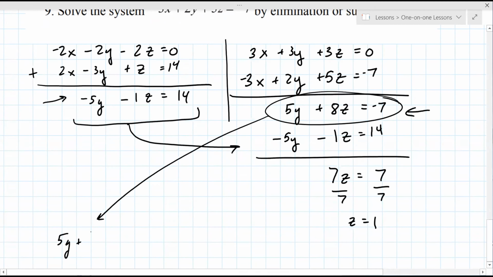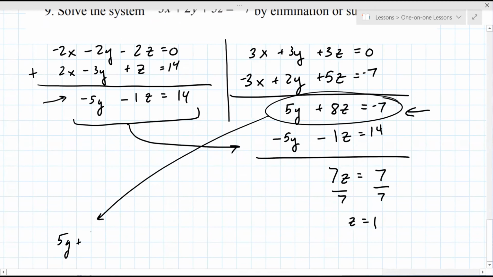I'm going to put that 1 in for z. So you have 5y plus 8 equals negative 7. Subtract 8 from both sides, and you get 5y equals negative 15. Divide both sides by 5. Y equals negative 3.